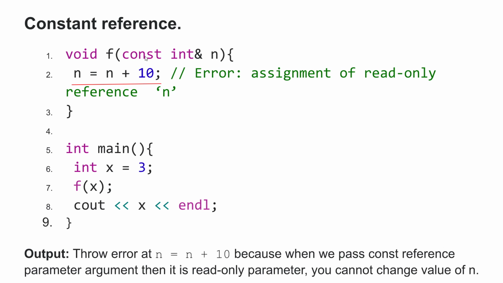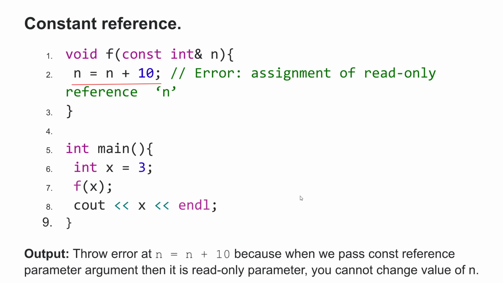That means when the programmer needs a read only value, like a constant, you're passing a constant reference. If you try to make arithmetic expressions, it is not possible, because it is a const reference. If it is a const, you're not able to do any changes.